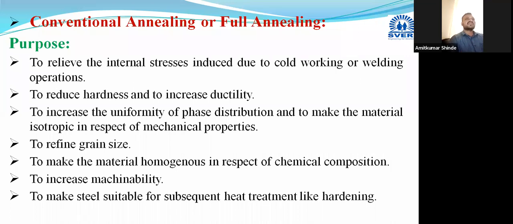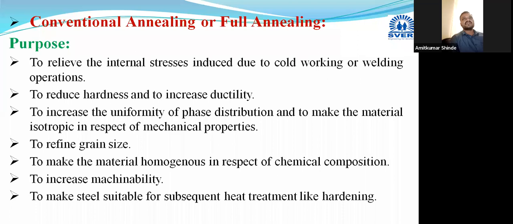The purpose of conventional annealing is to relieve the internal stresses induced in the component due to cold working operations or different operations. It may be a welding operation or other cold working operations. Some internal stresses may be there. If these internal stresses are not removed, then what will happen?